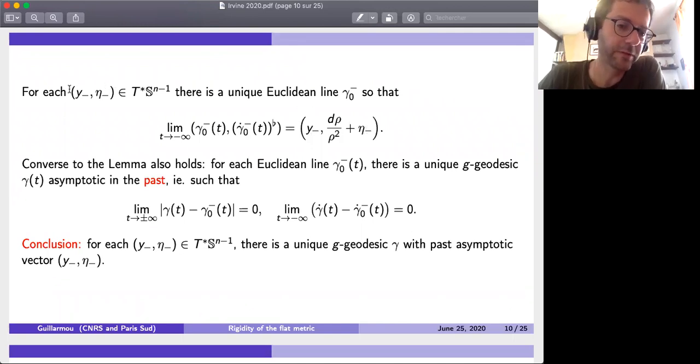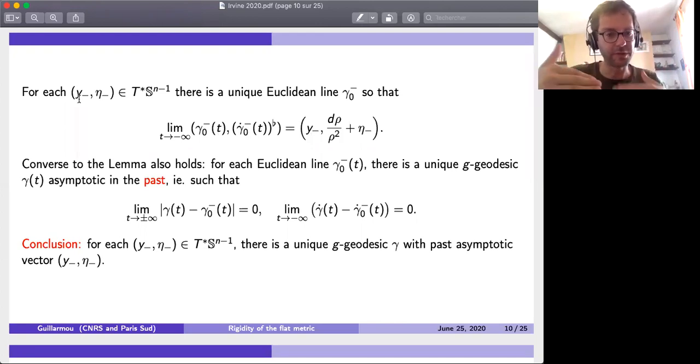So basically, if you fix an asymptotic vector in the past, you get a unique Euclidean line, a Euclidean geodesic, which in the past will converge to this asymptotic vector.